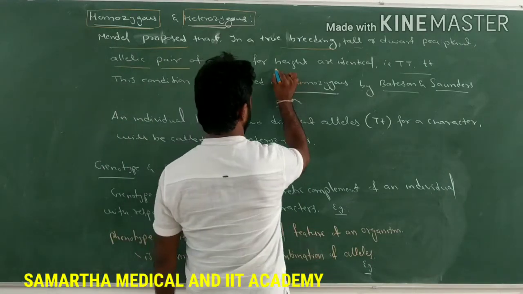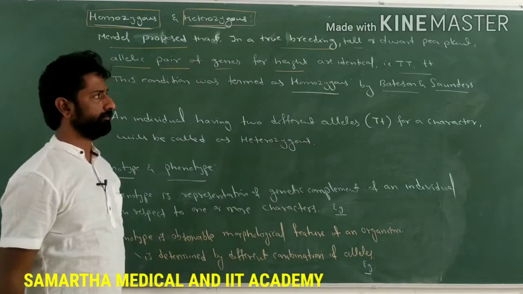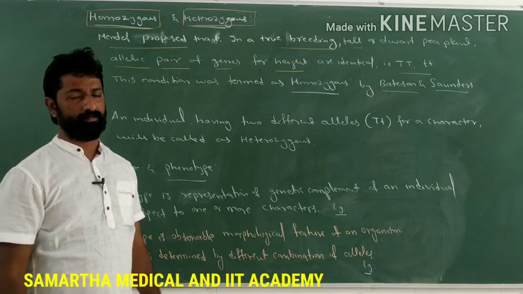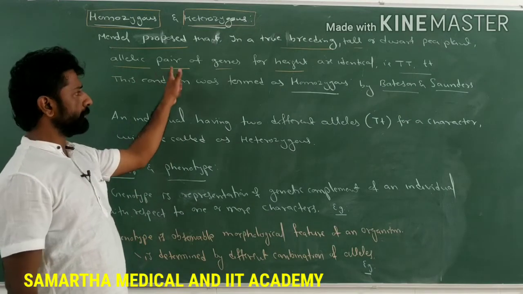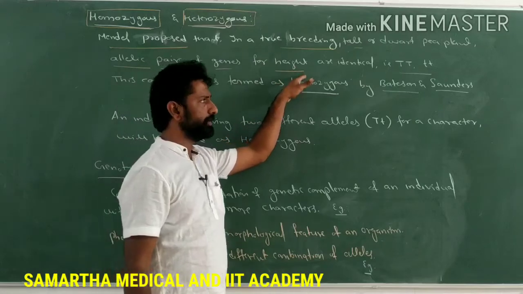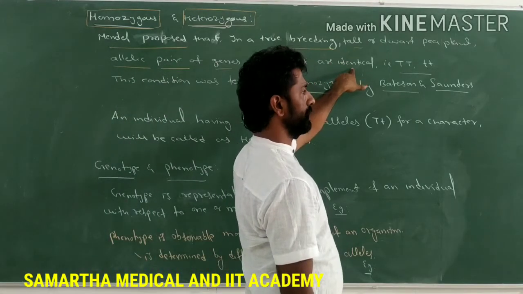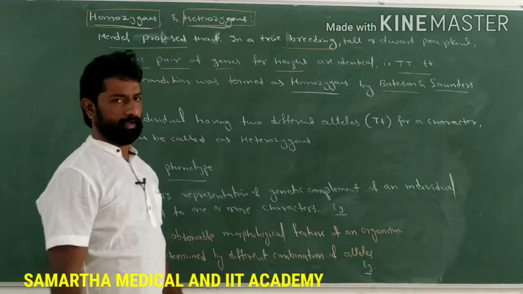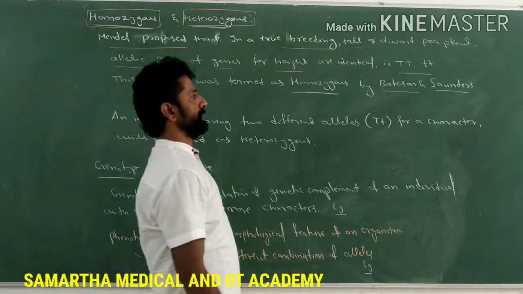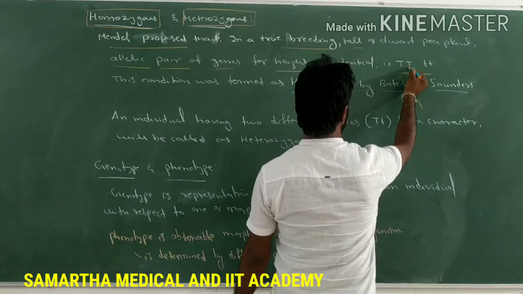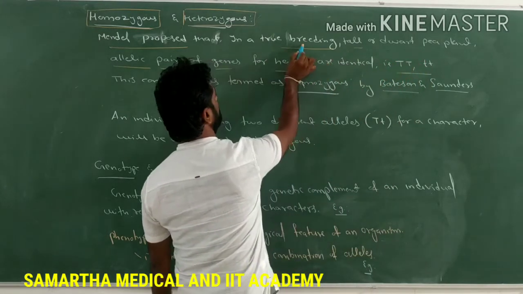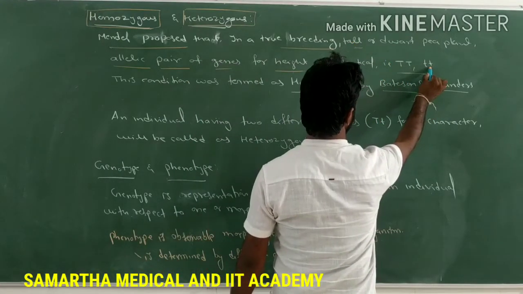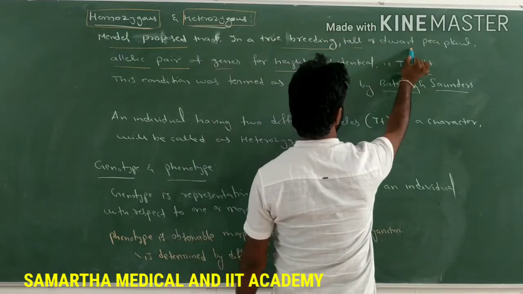Say for example, for a character called height, they will be identical. Such allelic pair of genes for height are identical, then the allelic pair will be denoted by symbol capital T and capital T for the true breeding tall plant, and small t and small t for true breeding dwarf pea plant.